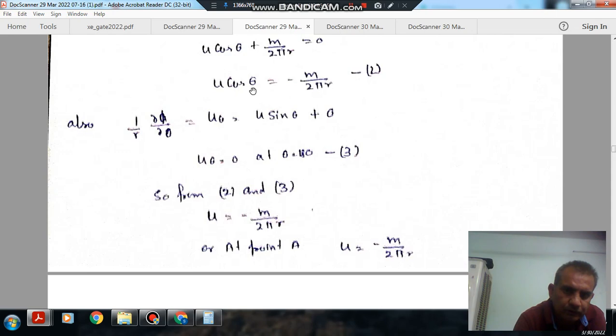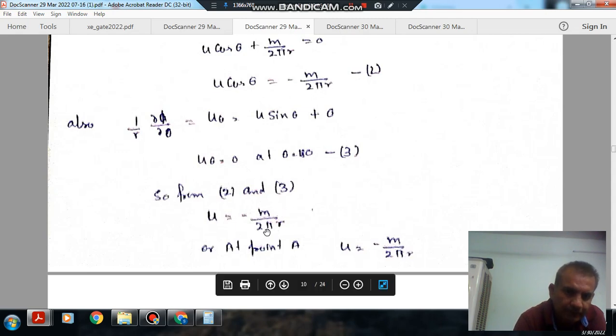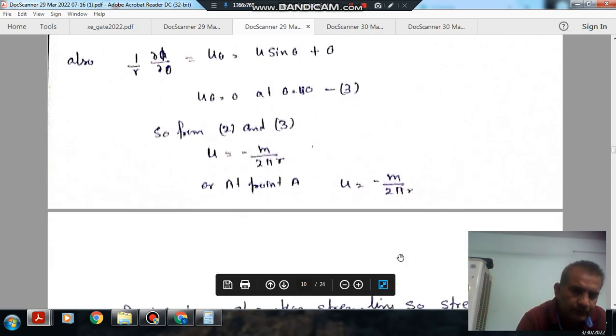Now if we put theta as 0 here, then it will be u, and this u will be your minus m by 2 pi r. So at point A we will obtain the stagnation point, and u is minus m by 2 pi r.